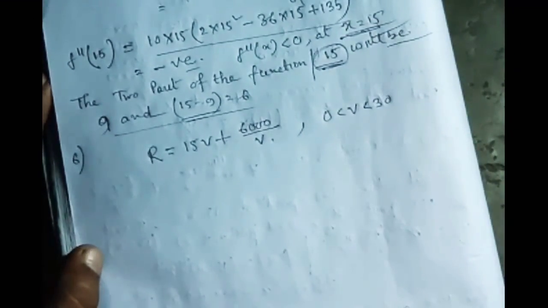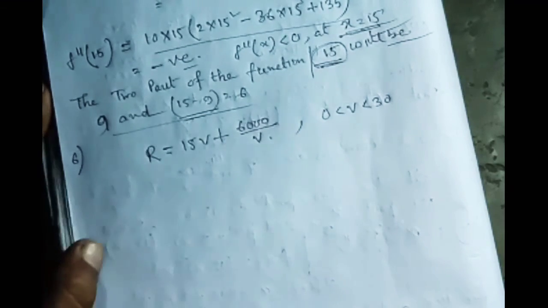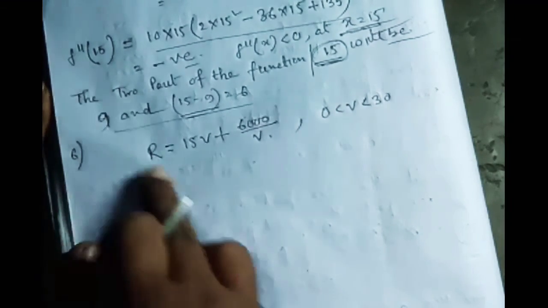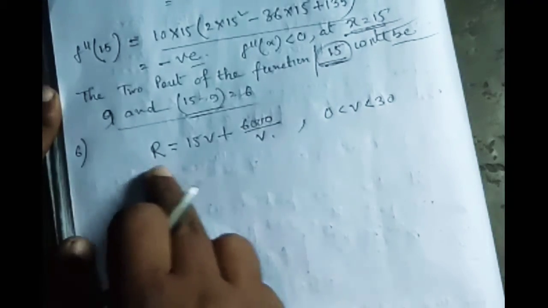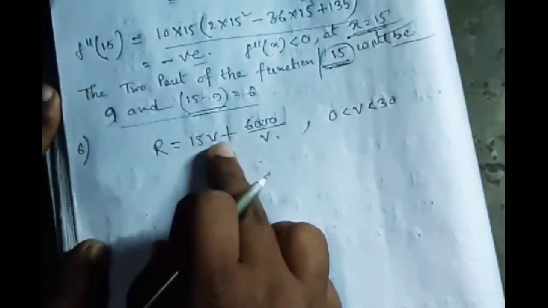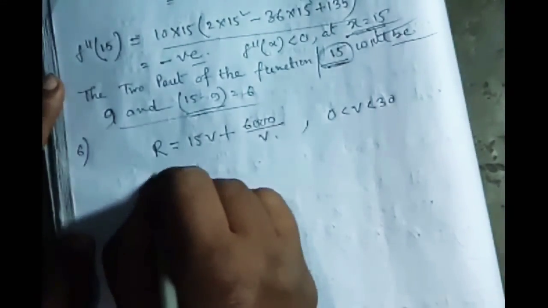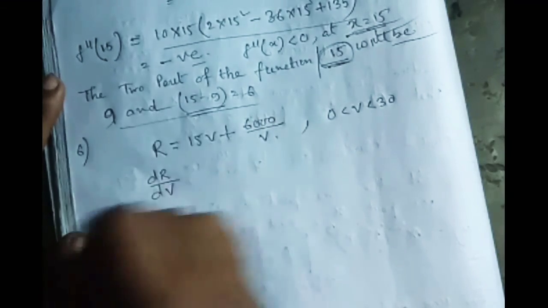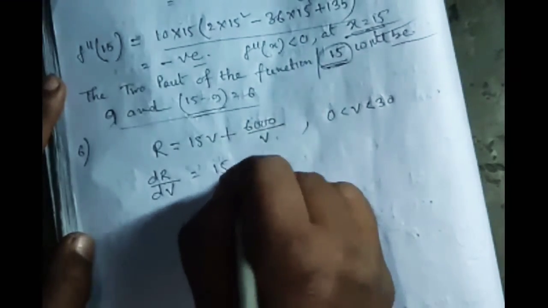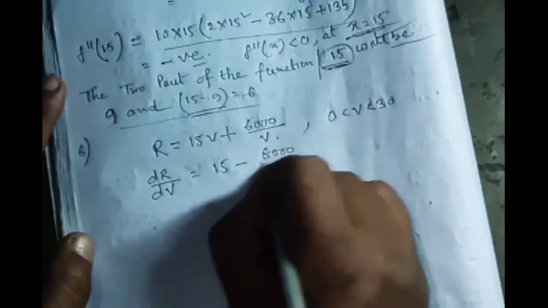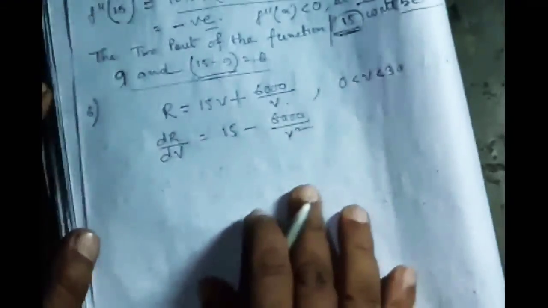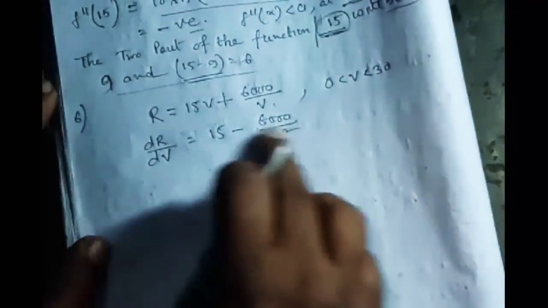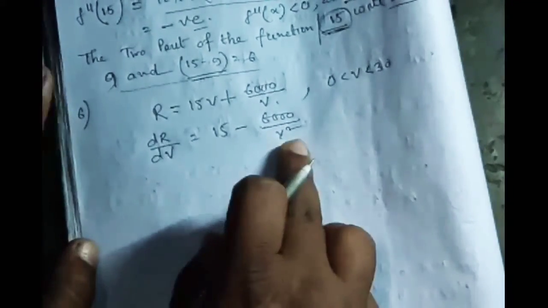V is the speed of the engine, so show that R is least when V is equal to 20. So this is R, so we have to find dR by dV. It will be 15 minus 6000 by V square. Hope you are able to see it.